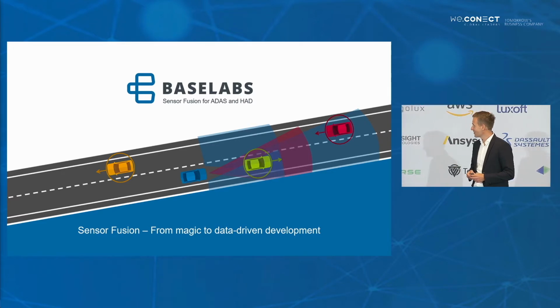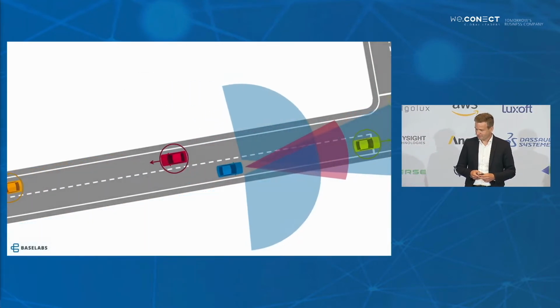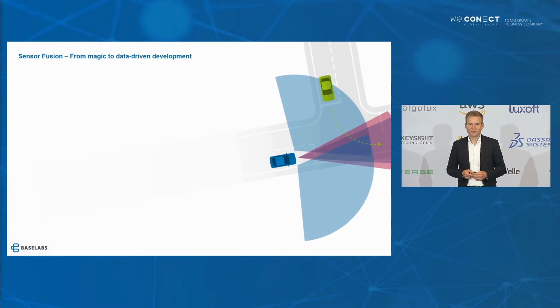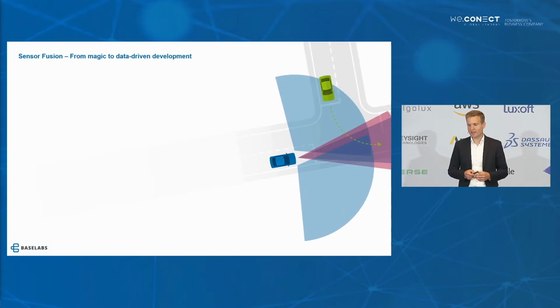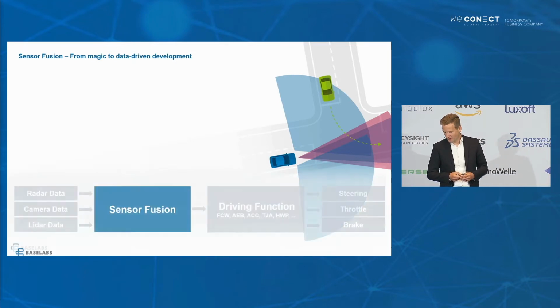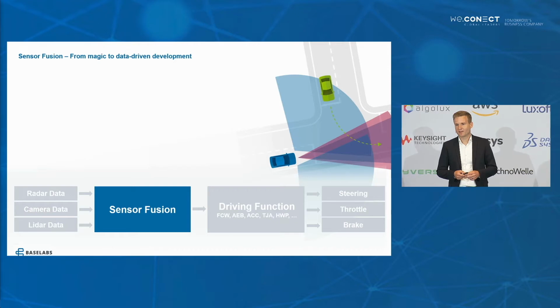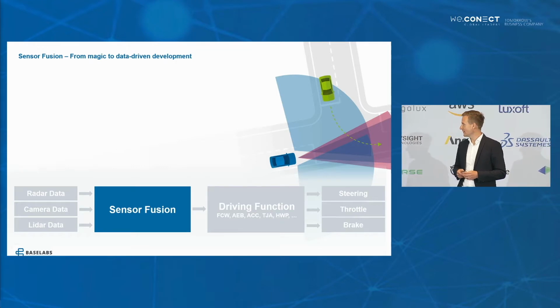Okay, let's talk a bit about sensor fusion. If you want to develop an automated driving system or an ADAS, then you typically find such a block diagram, which is a very much simplified version of the technical system behind that.